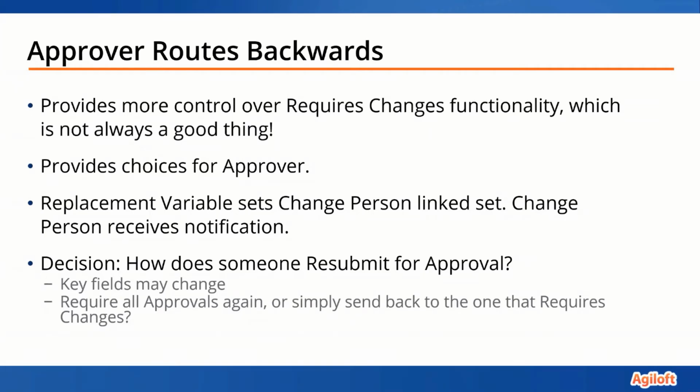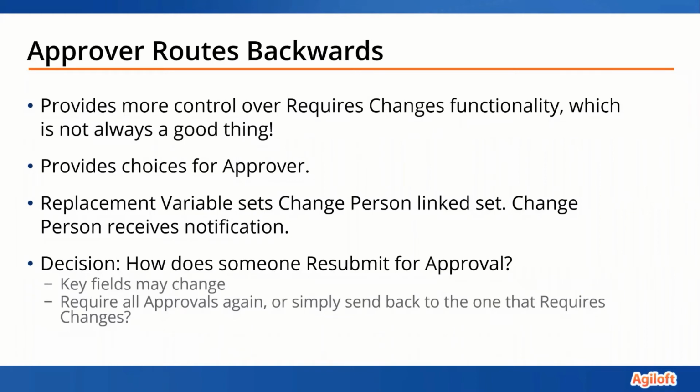And then there's some functionality that you can add to the resubmission for approval. Maybe you want to track a couple of key fields that have changed, or go through the entire approvals process again, or maybe you just want to send it back to that one approval that requires changes. This is certainly part of the process that you want to consider when we add to this functionality.